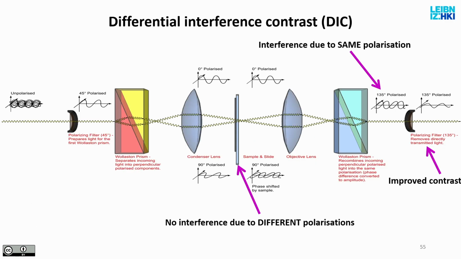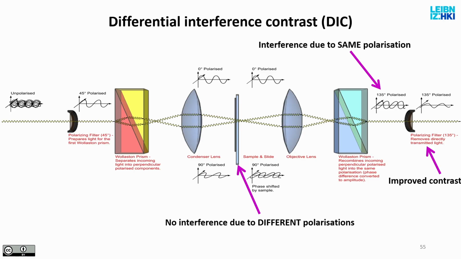And finally, about differential interference contrast, we mentioned that the refractive index, and thus the optical behavior of the light, depends on the polarization angle of the electromagnetic beam. This technique basically splits an unpolarized light into two 45-degree separated polarized beams and takes advantage of the fact that the refractive index is dependent on the polarization.